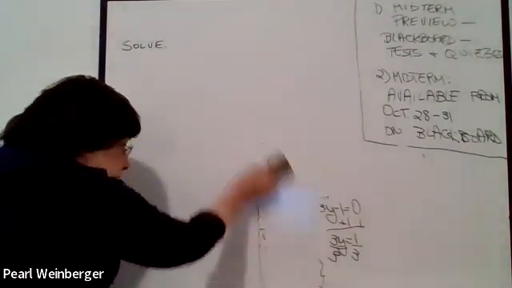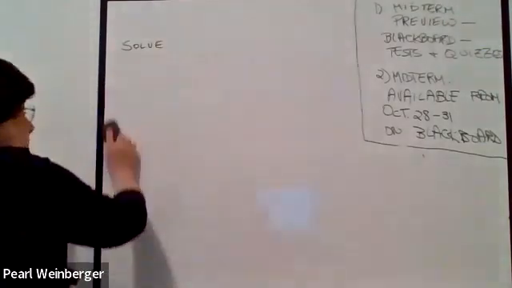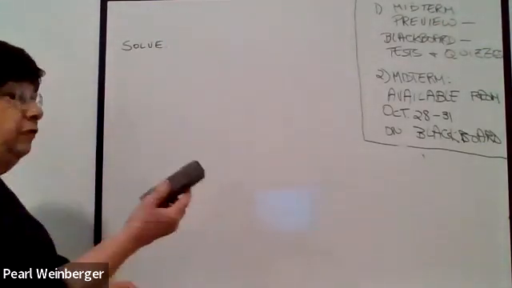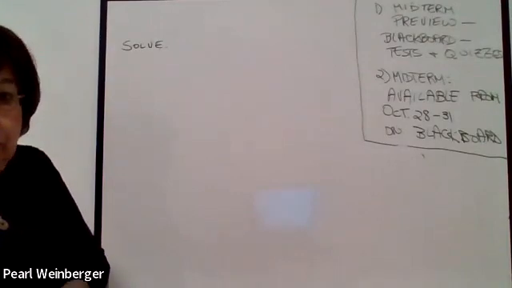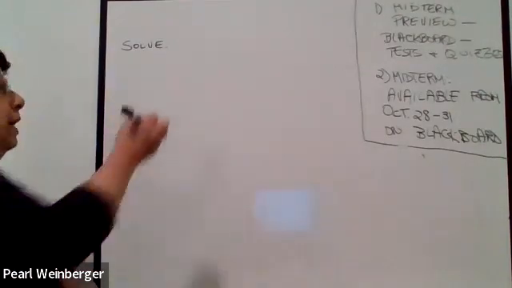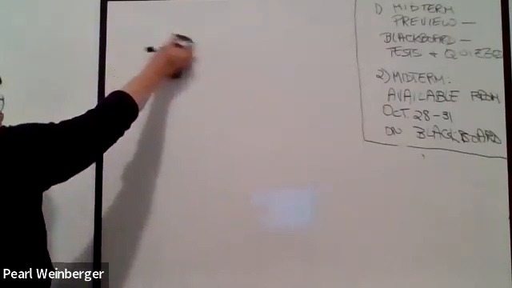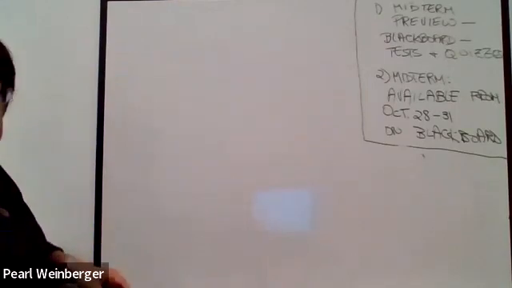Chapter 5 is a chapter on fractions. Except the type of fractions we're going to see are not just regular number fractions. They're what we call rational fractions.